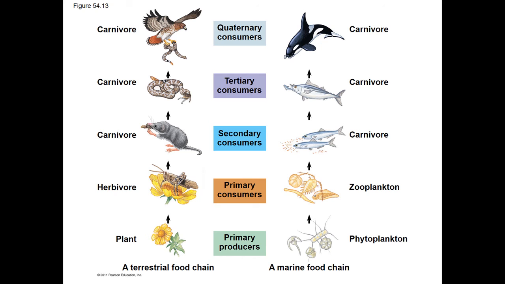And then finally, in some systems you just have a tertiary consumer, but sometimes you have an even higher level consumer we call a quaternary consumer. So this would be our top predator. This would be the top of the food chain. It eats the tertiary consumer.